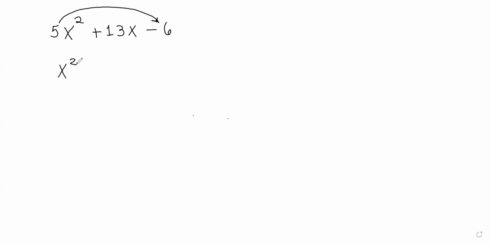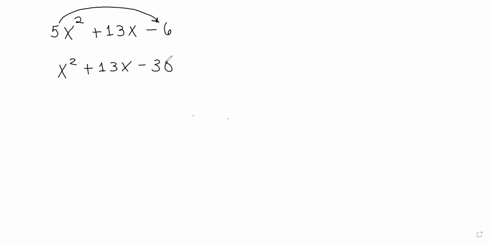Rewrite this as a 1x squared plus the middle term, 5 times negative 6 is negative 30. Now, I didn't know how to factor that given problem, but I can rewrite it with a leading coefficient of 1. So the 5's now gone. It got multiplied into the 6.